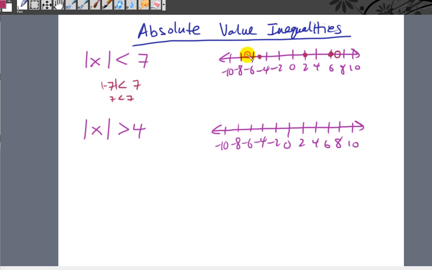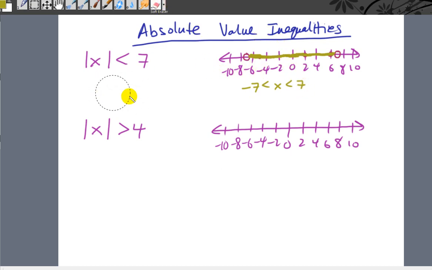But what this implies is that anything that falls in the middle, all of this, is going to hold true. In other words, the absolute value of x being less than 7 is the same thing as this inequality: -7 is less than x is less than 7. So that's how that works.